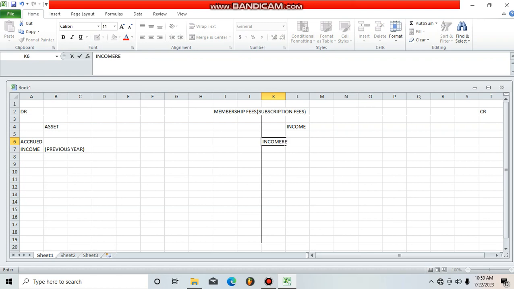On the credit side, we're going to have the income received in advance. The same applies: this income received in advance is the income for the previous year.